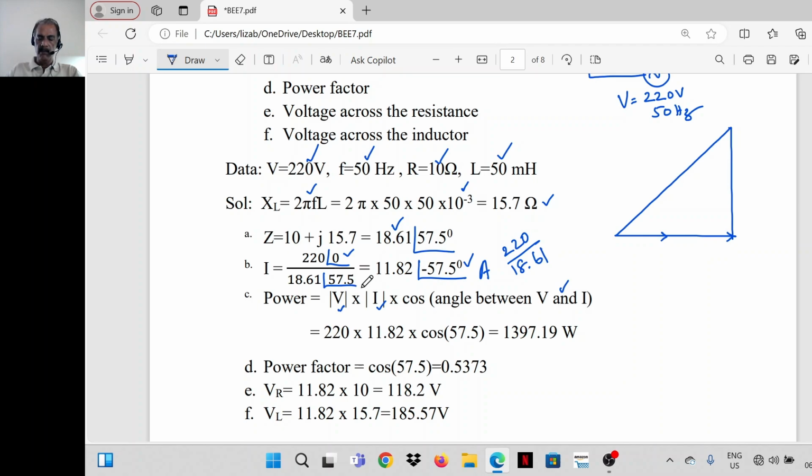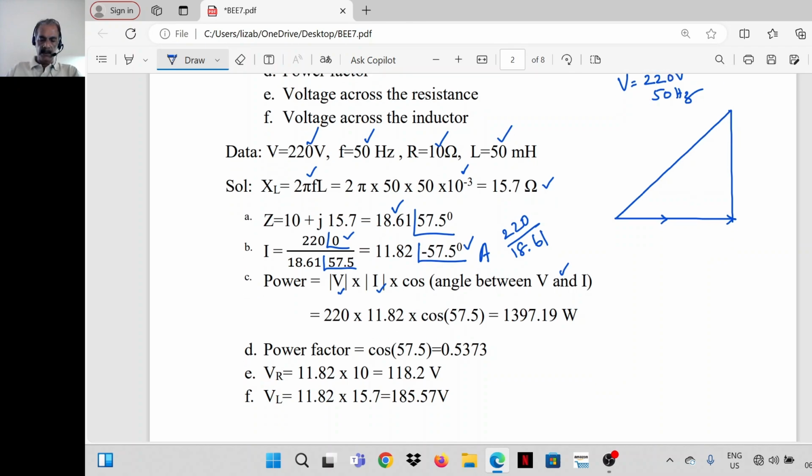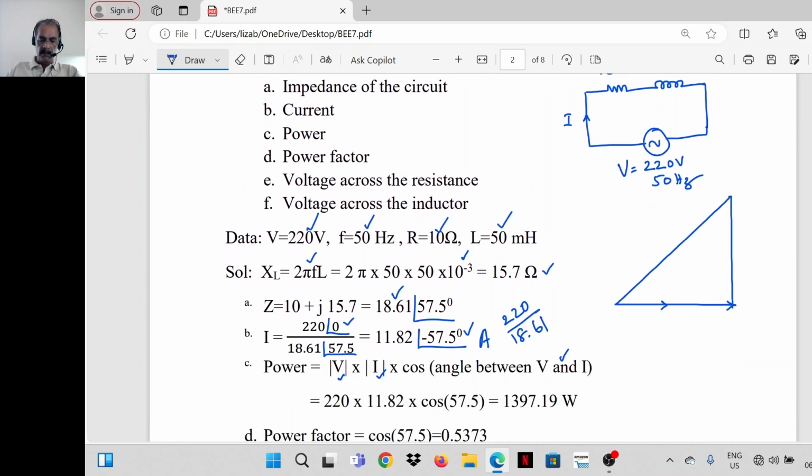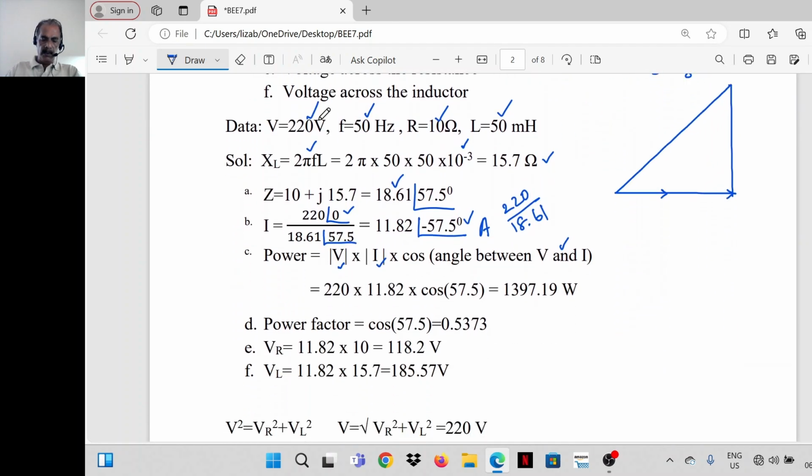So magnitude of the voltage is given as 220 volts. So 220 into magnitude of current, we found that is 11.82. To find the magnitude of the current we have to take the magnitude from the polar version. So current is 11.82 angle minus 57.5.